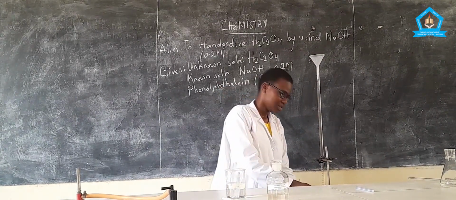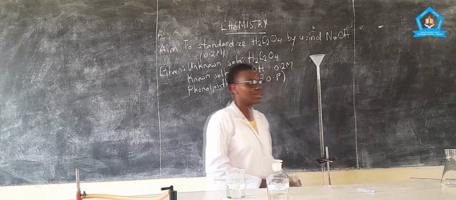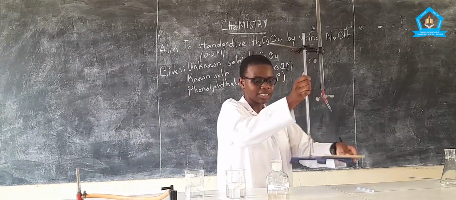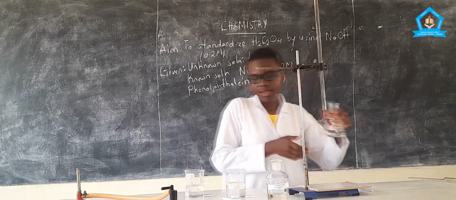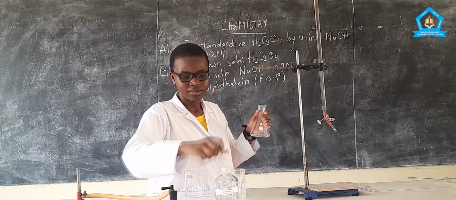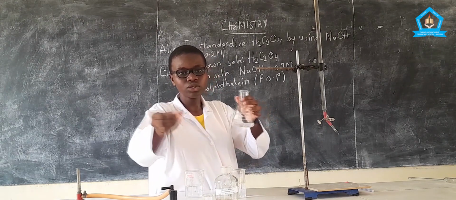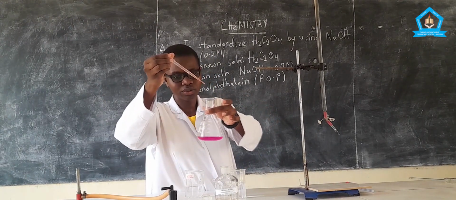It should not exceed the upper mark. After that, I will return it to the upper section for all of us to see. To my base, I have to put an indicator, 2 to 3 drops. 1, 2.